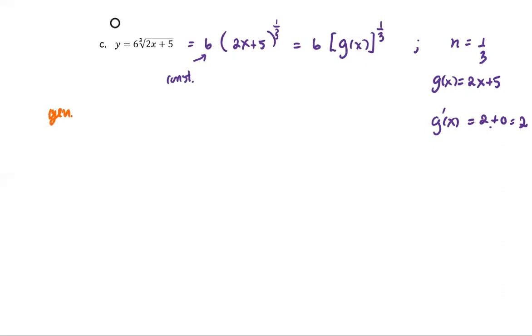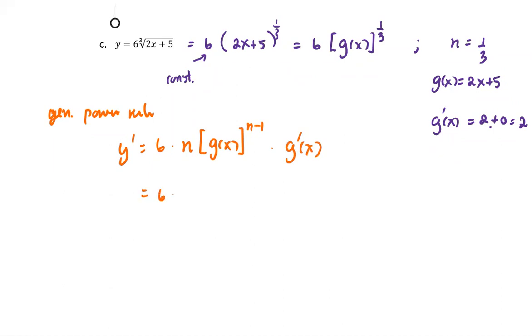So for the general power rule, y prime equals 6, recall as a constant multiple or the coefficient, nothing we can do with that. Then for the power n, multiply by the quantity g(x) to the power n minus 1 times g prime of x. Since n is 1 over 3, we just replace the values and the terms that we found.